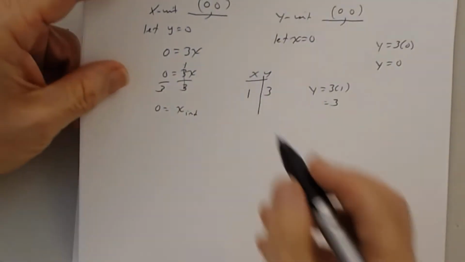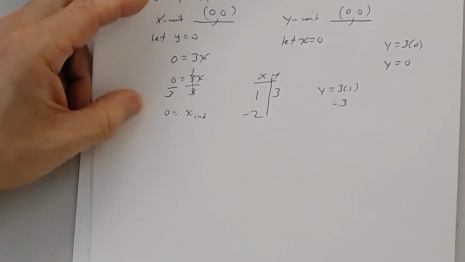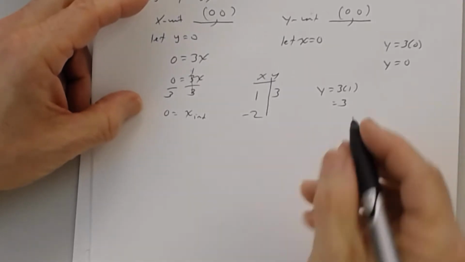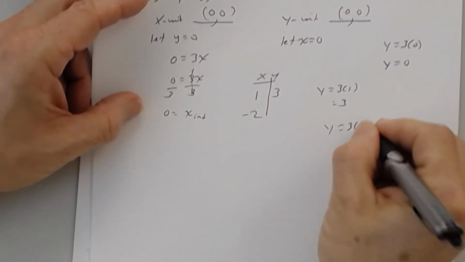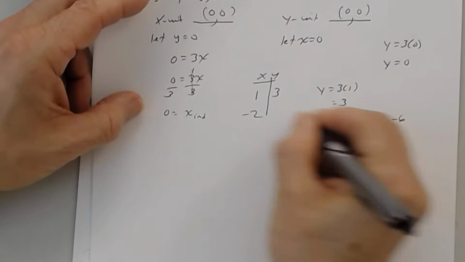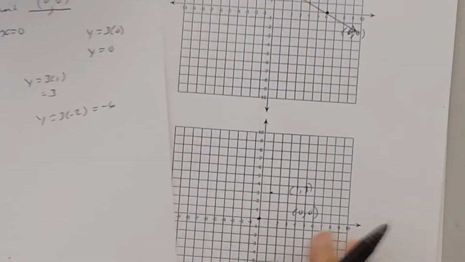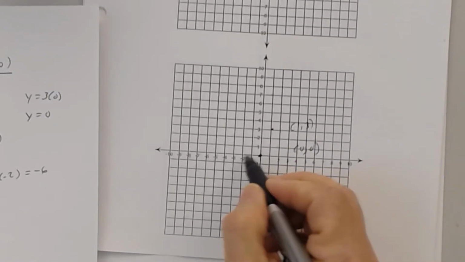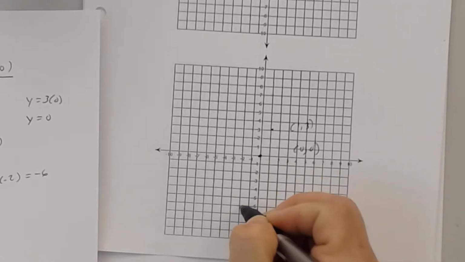If someone wanted to use -2, could they have used -2? Yeah. What's 3 times -2? Negative 6, and negative 2, negative 6 had better lie on that same line, right? And it does. Look, negative 2, negative 6 is right here.